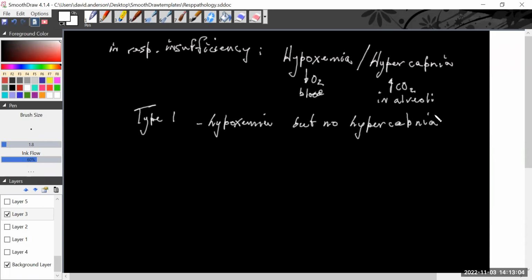So this is most typically going to occur when there is a VQ mismatch, where there's decreased oxygen flowing into the lungs. So an example would be decreased oxygen delivery to the alveoli. So that's your mismatch. Right now we have decreased ventilation.